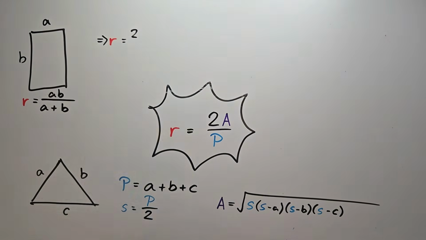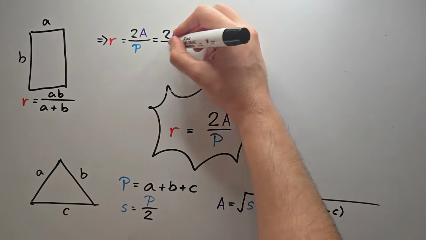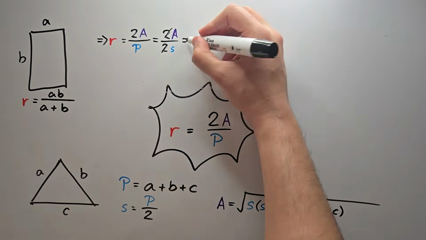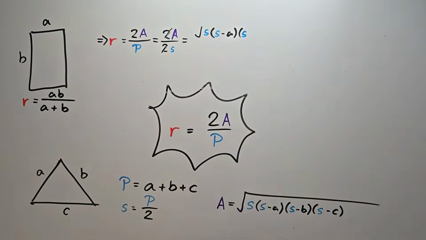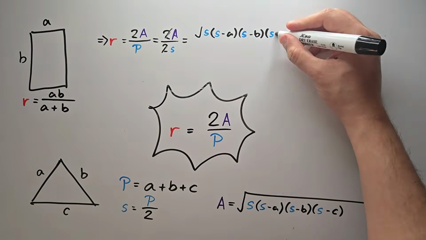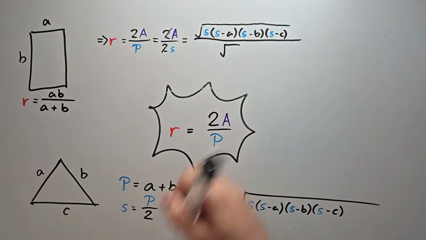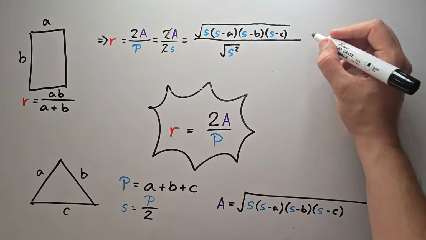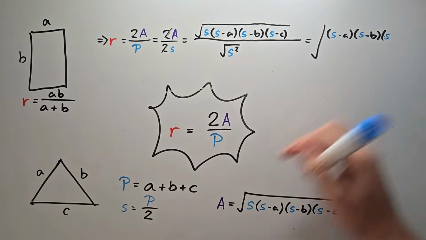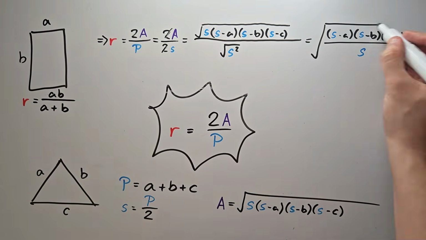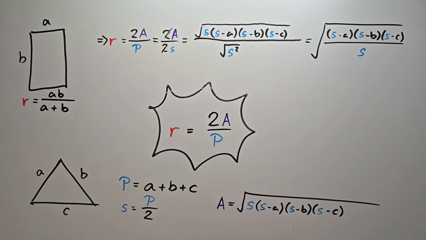Thus we see that the radius is equal to 2 times the area over the perimeter, which is 2 times the area divided by 2s, which is the area over s, which is the square root of s times (s minus a) times (s minus b) times (s minus c), divided by the square root of s squared, which in all is the square root of (s minus a) times (s minus b) times (s minus c) divided by s. Thus we have a general formula for the radius of a triangle.